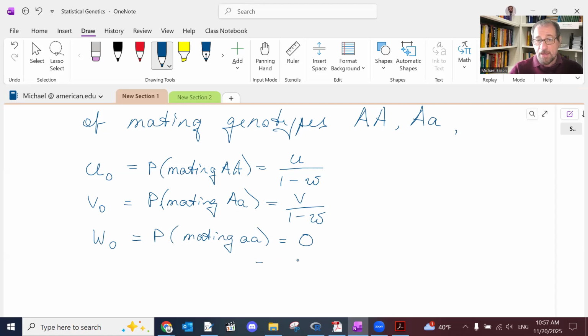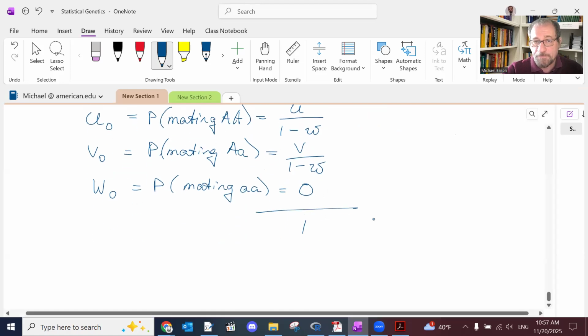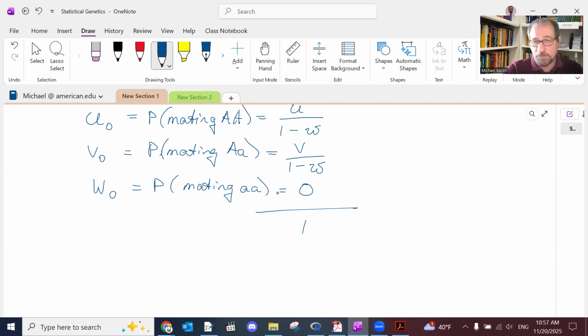So 0, and that also makes the sum equal 1, right? It would be W, but it would be 1 if we put W here, but we eliminated W, so it became 1 minus W. Now we divide by 1 minus W to make the sum 1 again. So we have a conditional distribution of mating homozygotes.